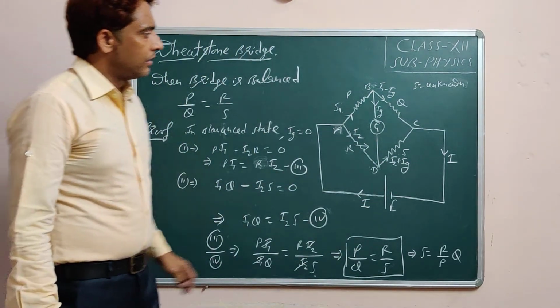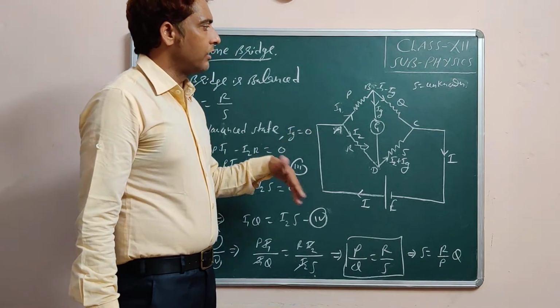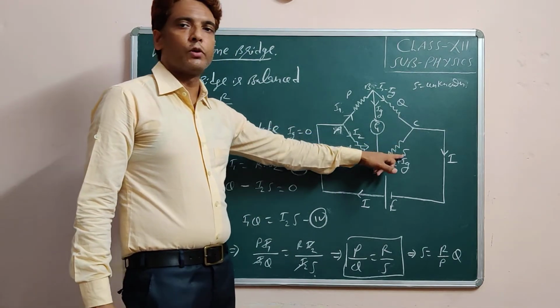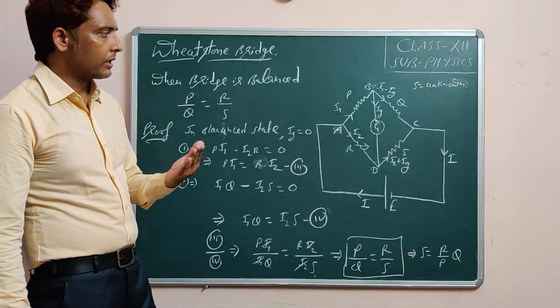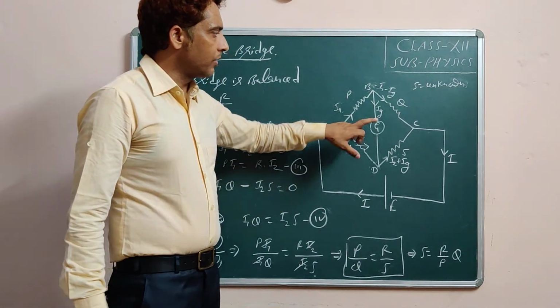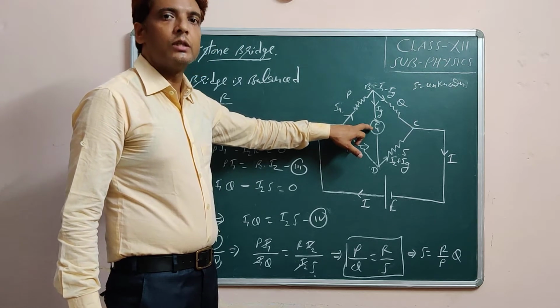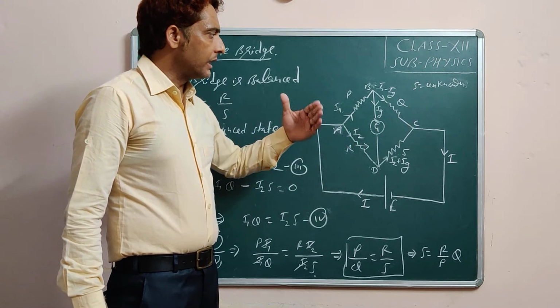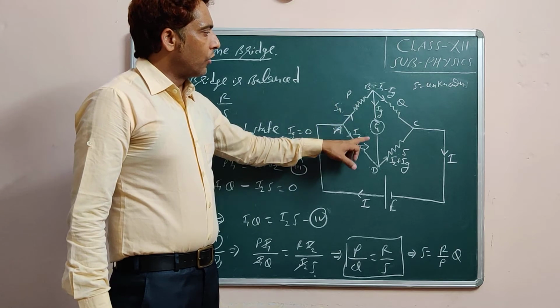Second case, this Wheatstone bridge is a better method for finding unknown resistance because it works on the null method. This null method means there will not be any flow of current through this galvanometer. Means it does not withdraw any current.